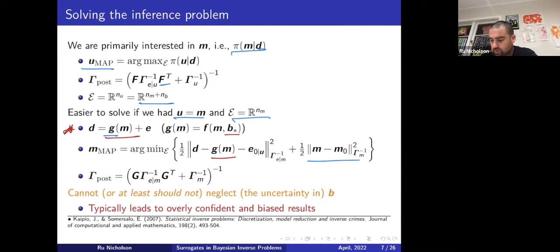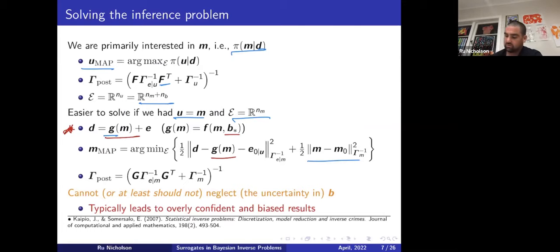Right, so the main problem with that is that, again, in the Bayesian framework, this auxiliary parameter B, if we don't know it, is a random variable, and as such, it's uncertain. As has been demonstrated in multiple papers, and we'll go over an example here, if one does neglect the uncertainty in the auxiliary parameters, one does so at their own peril.